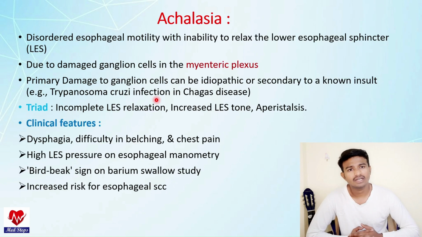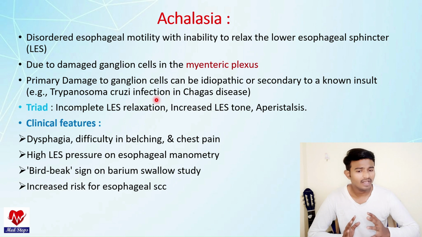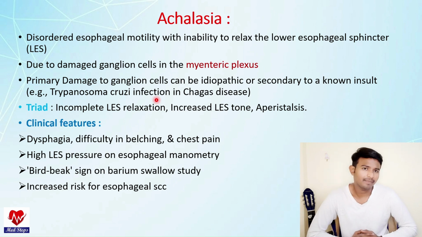Next, we are going to see achalasia. Achalasia is a disordered esophageal motility with inability to relax the lower esophageal sphincter. In achalasia, what will happen? The distal esophageal sphincter constricts and relaxes incompletely. Why will achalasia happen?